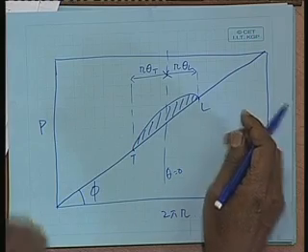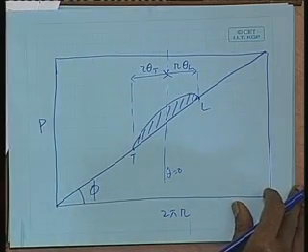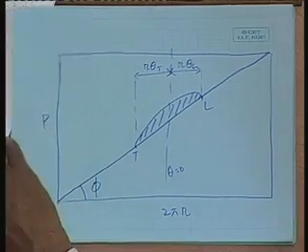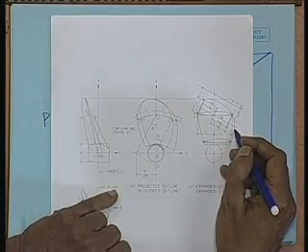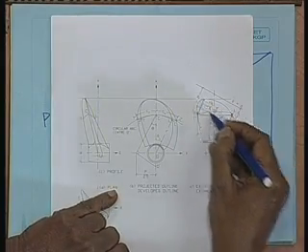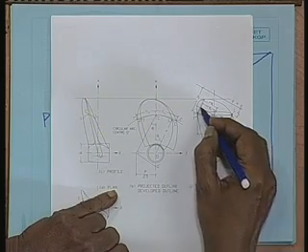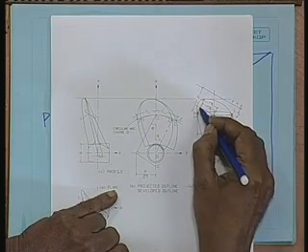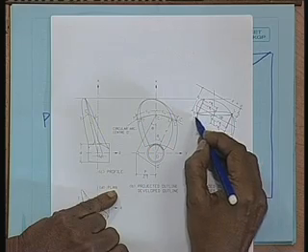So now when I draw the propeller outline, and come back to this diagram, if I draw an angle phi here, my section would have come here. That I am drawing on a horizontal plane.